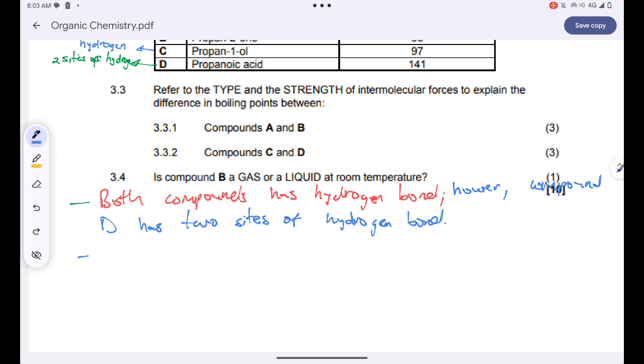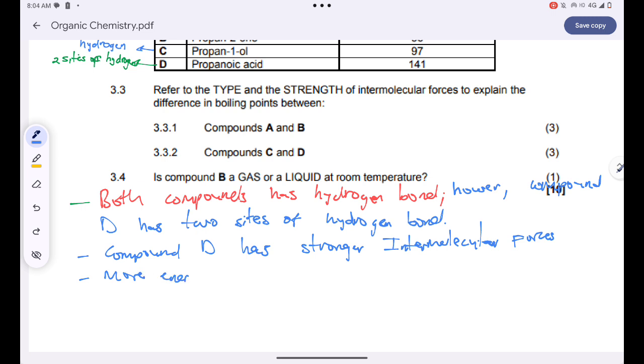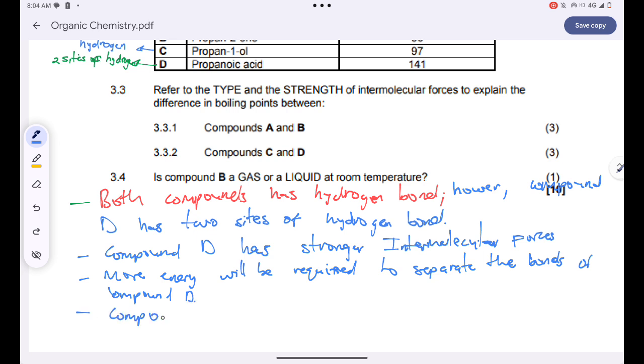So since compound D has two sides of hydrogen bond, it simply means that compound D has stronger intermolecular forces, and then more energy will be required to separate the bonds of compound D, and hence compound D has higher boiling point.